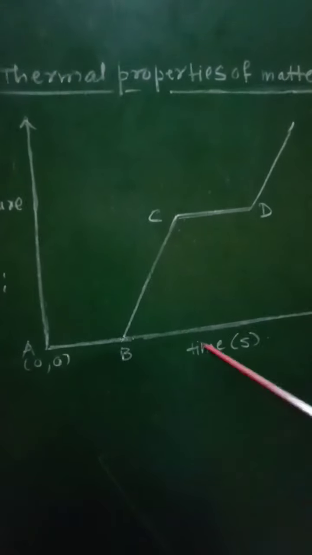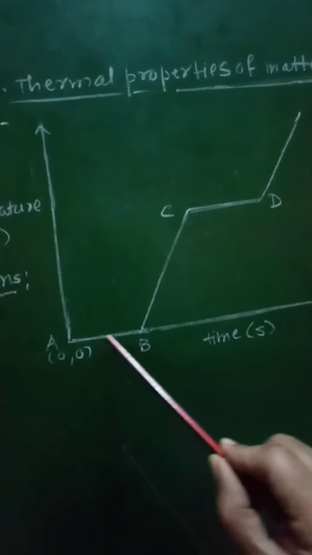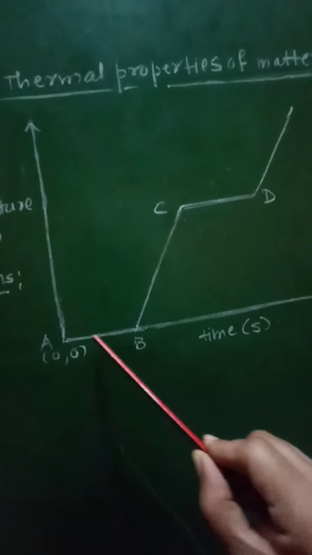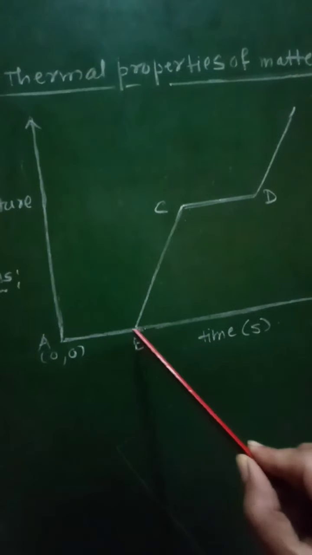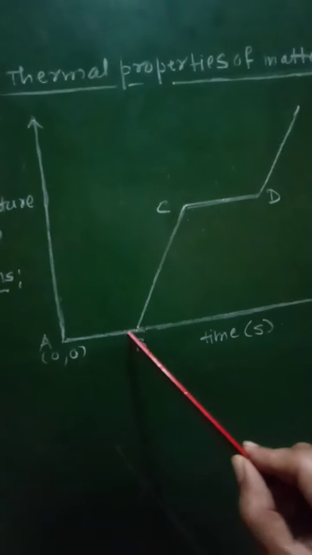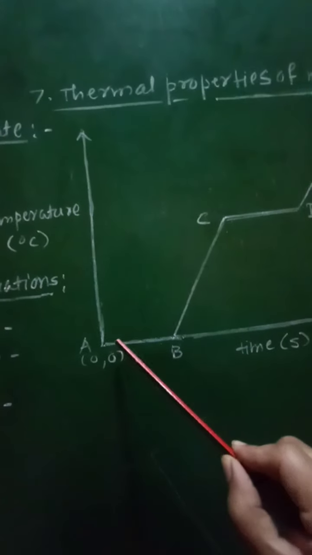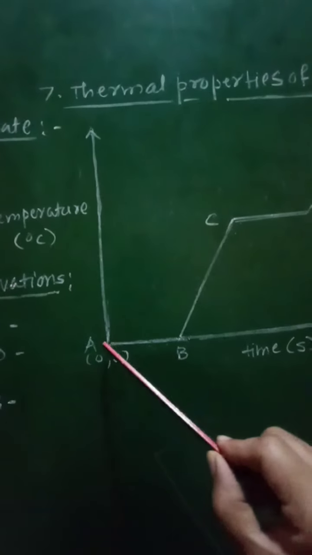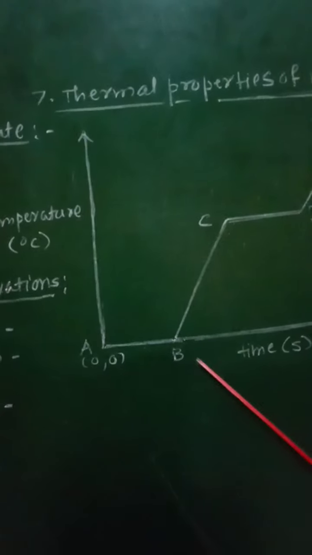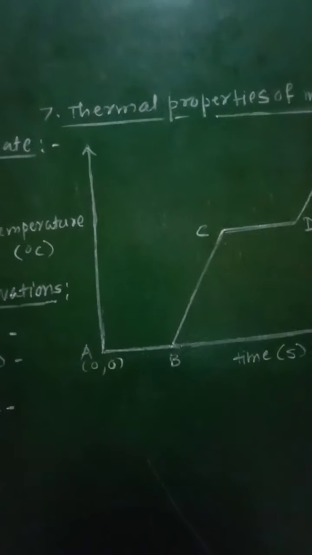So for this portion AB, there will be change from solid to liquid or from liquid to solid. At that time, these two will coexist in thermal equilibrium. That means temperature will be constant for this portion AB.